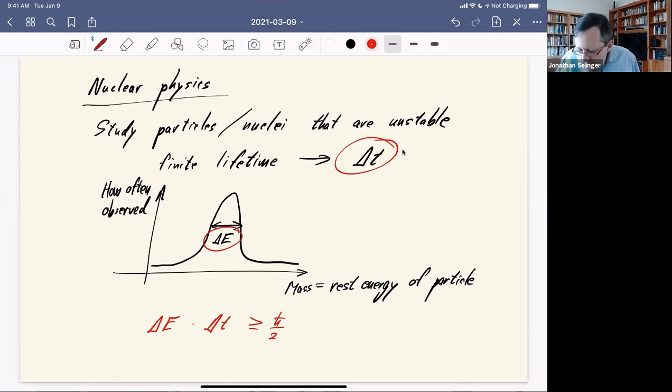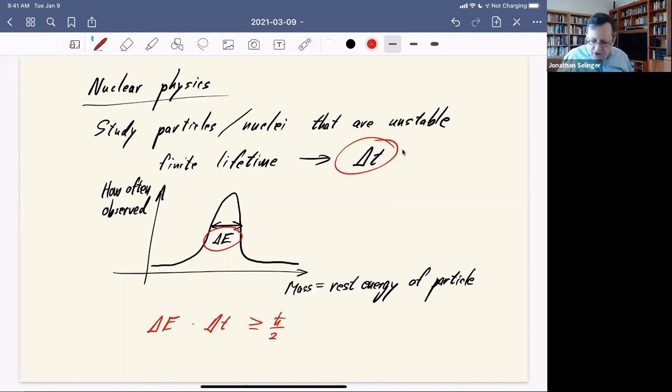So if you have a very long-lived particle, so delta T is big, then the energy can be very well defined, so delta E is small. And vice versa. If it's a short-lived particle, so delta T is small, then the distribution of energies is very wide. Delta E is big.